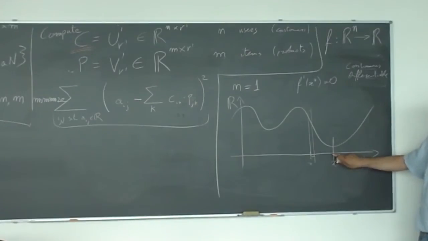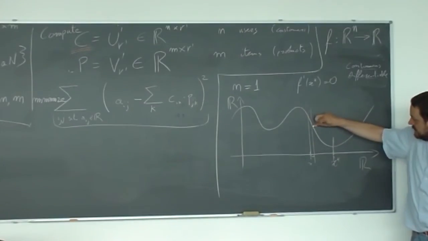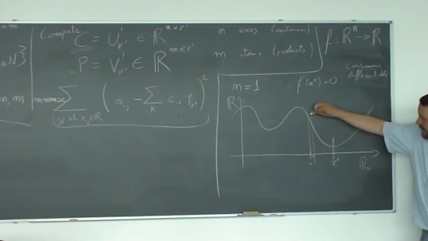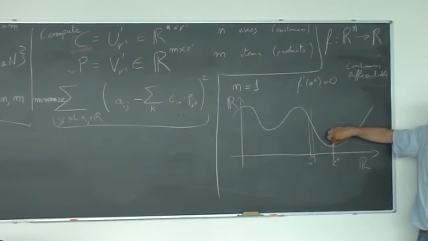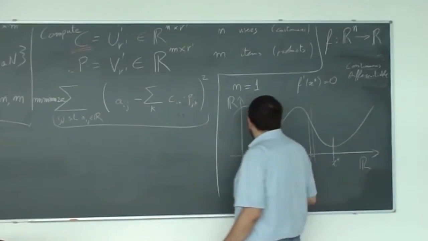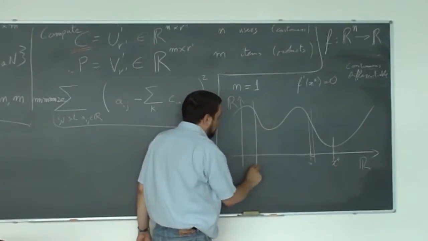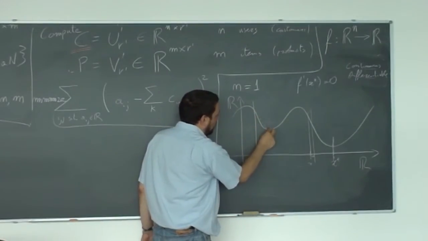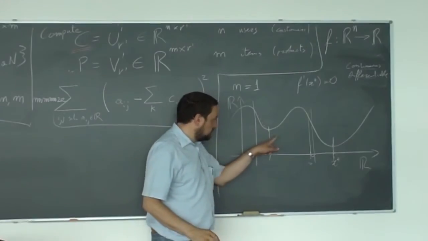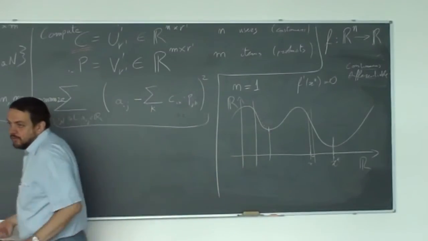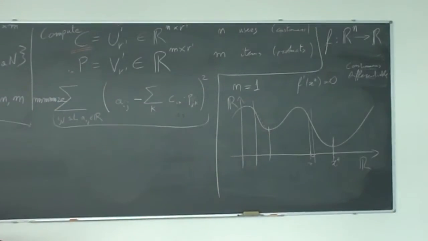Of course, depending on your starting point, you will fall down this slope to this x star here, but maybe also, if you started from here, fall down to a different local minimum, which is not the global one.